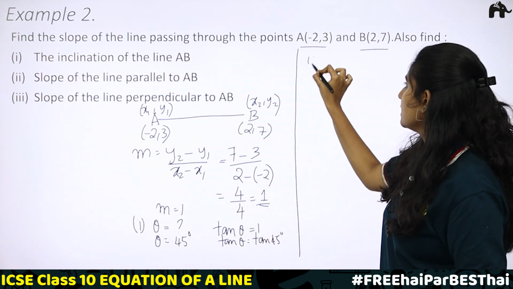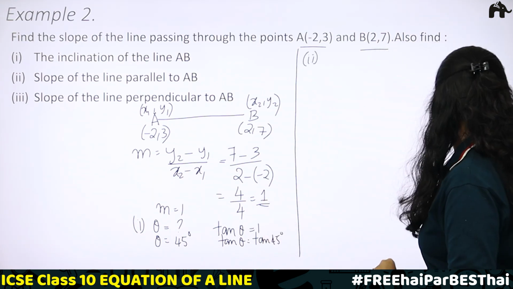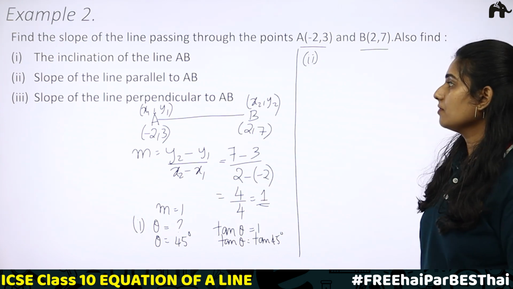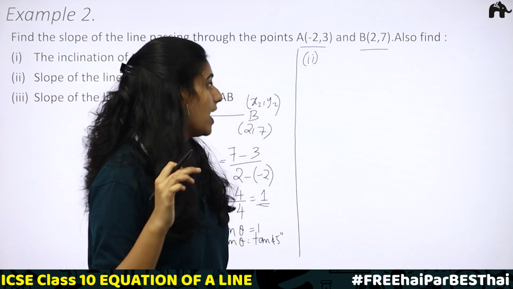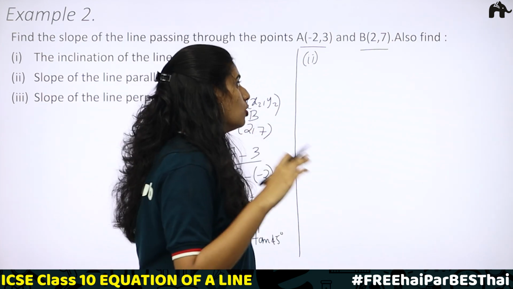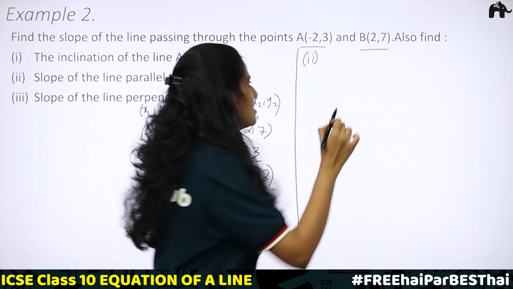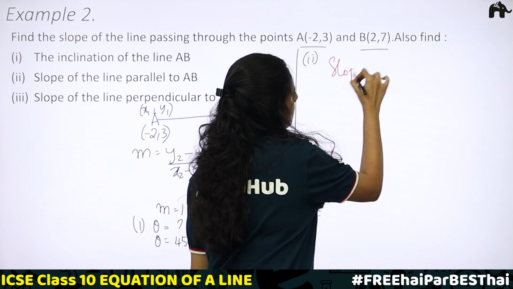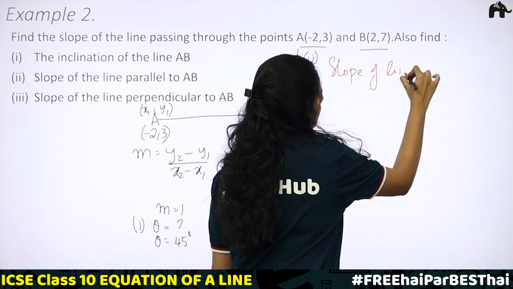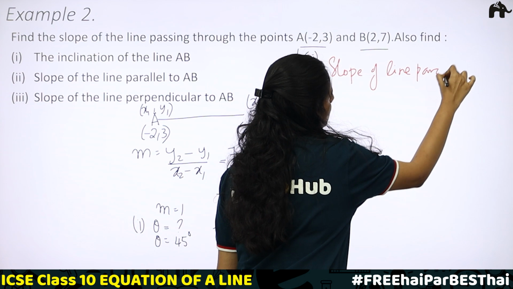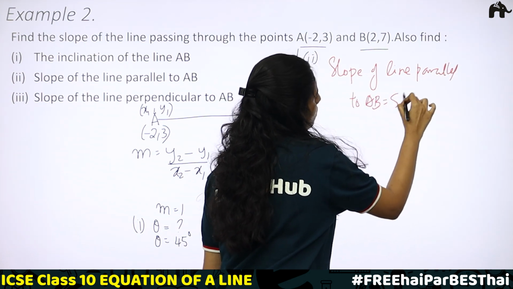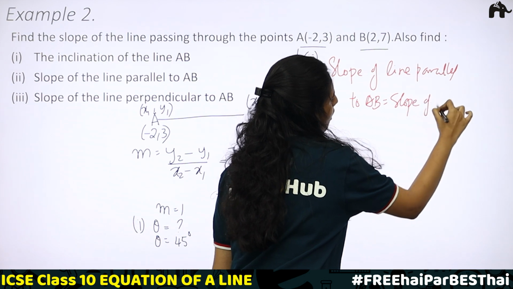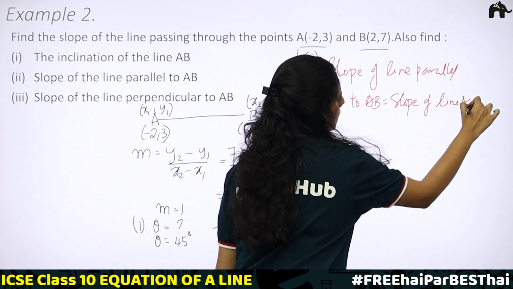Now the second question. Slope of the line parallel to AB. In case of parallel lines, we have discussed slope will be same. Therefore, slope of line parallel to AB is equal to slope of line AB.